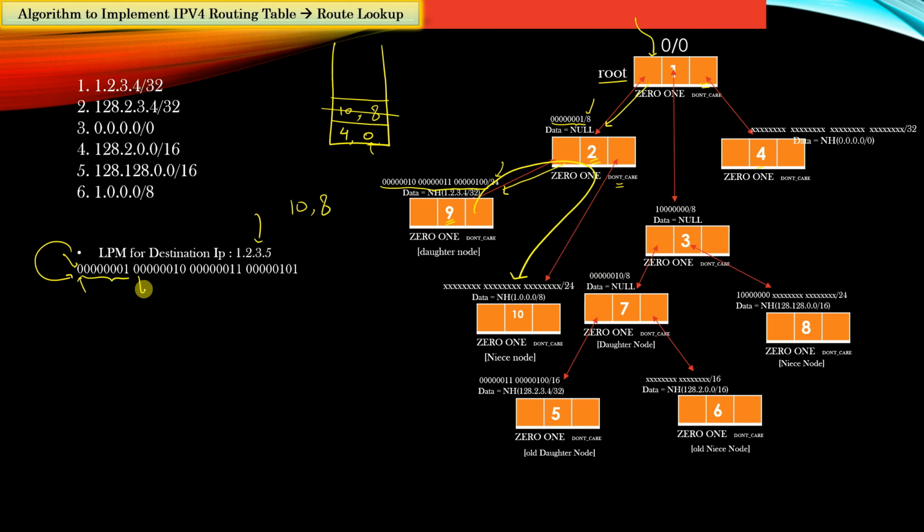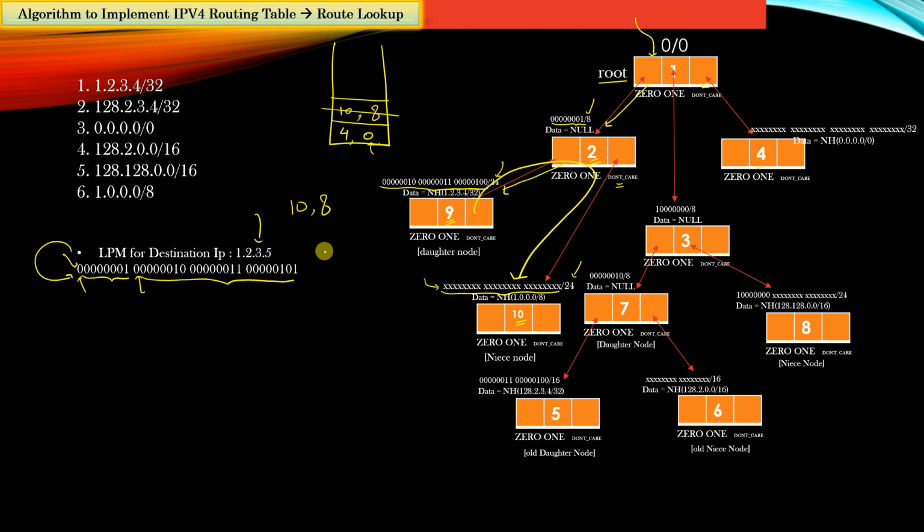Alright, so we are at this bit position in our input string and we are at the node number 10. Now the prefix length of the node number 10 is 24, therefore match the bits of the effective prefix of the node 10 with the 24 bits of the input string and they match. Because the effective prefix of the node 10 is all don't care, node 10 matches.